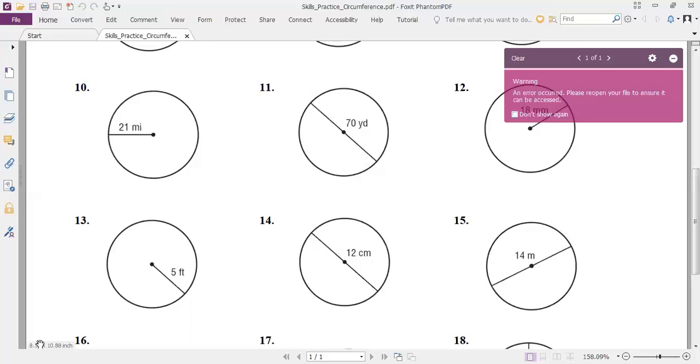Can you solve number 15 alone? This 14 is diameter or radius? Diameter. Okay, so we will use the rule pi times d. Pi times d is 14 times 3.14, or 14 times 22 over 7. Make it 14 times 22 over 7, because this number is a multiple of 7.